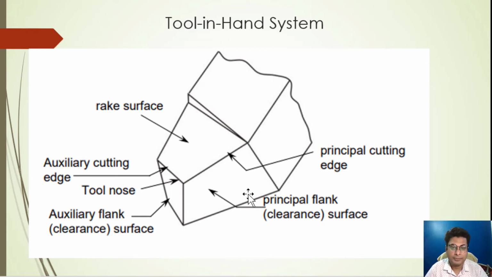Similarly, with the auxiliary cutting edge, auxiliary flank surfaces are associated, and apart from that, this is the rake surface. I hope we have discussed the rake surface, its orientation, its benefits, demerits and limitations.